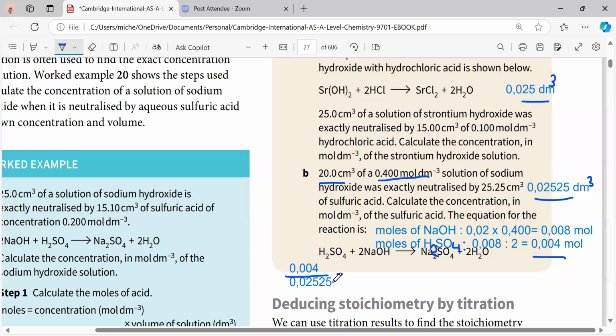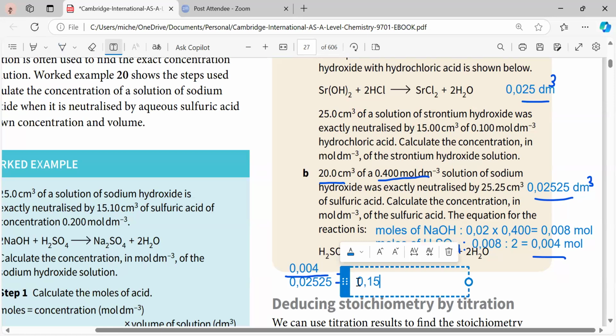So we actually get really long numbers right here. I'm going to write this down first. 0.1584, 1584 something. So this is a repeating number.